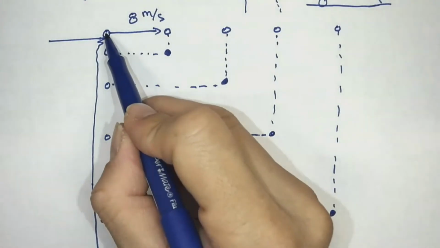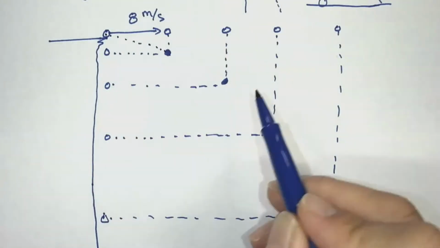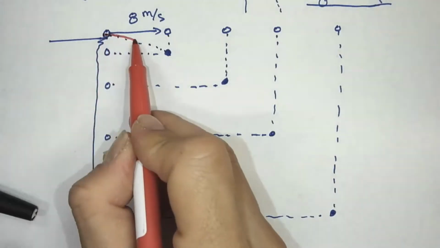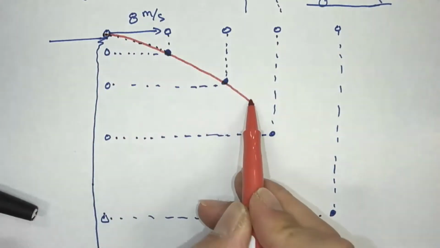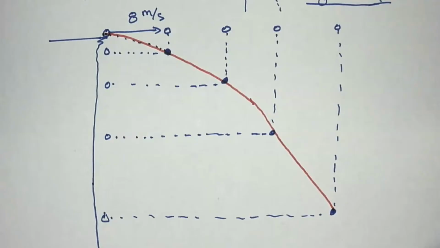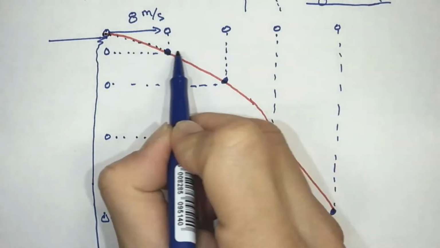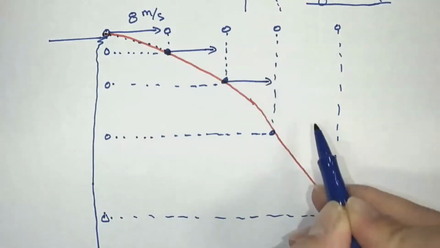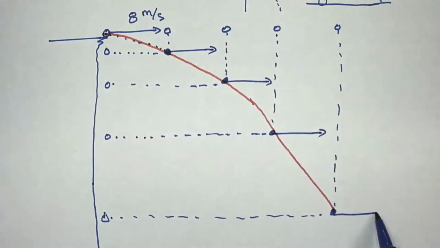So by drawing a best fit curve, if I connect these dots together in a curve like that, you're going to get the trajectory or the path of this projectile object.